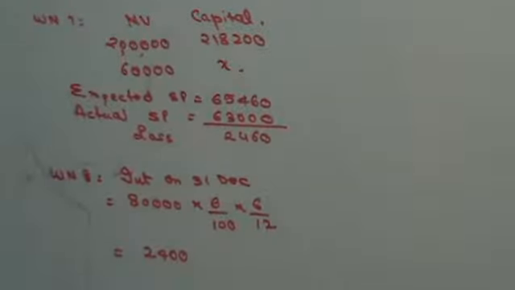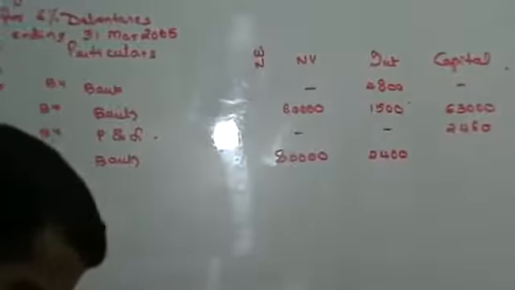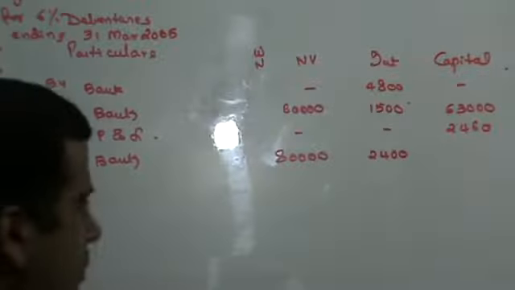I sold them ex interest, so I will not subtract the interest. So 2,400 is my interest, and I sold them for 77,300.